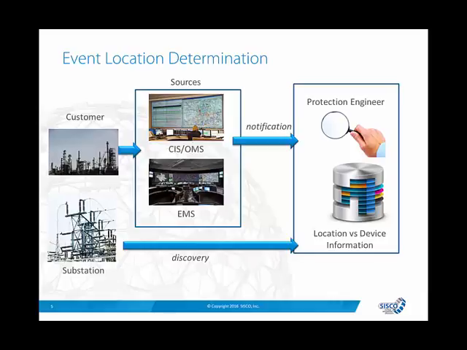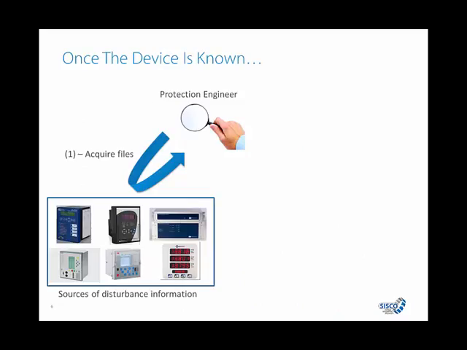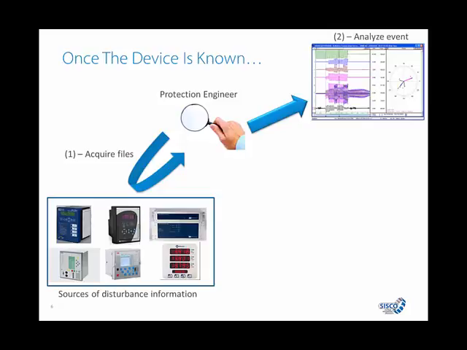Once the protection engineer knows that there's an event, they use a vendor-specific tool to go out and acquire the information from the actual devices that have the new disturbance information. They use a tool to actually analyze the information in the file.